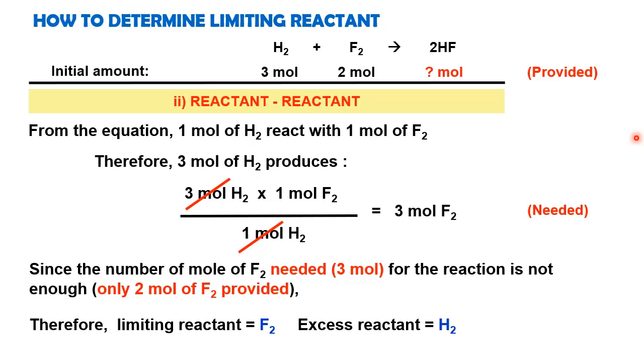If we have found the needed amount of F2, do we need to do the same for H2? No need. You just need to choose only one species to compare the value, because eventually, let's say you take this number as reference and get the needed value for H2 and then compare with the provided value, they will give you exactly the same answer of limiting reactant F2 and excess reactant H2.